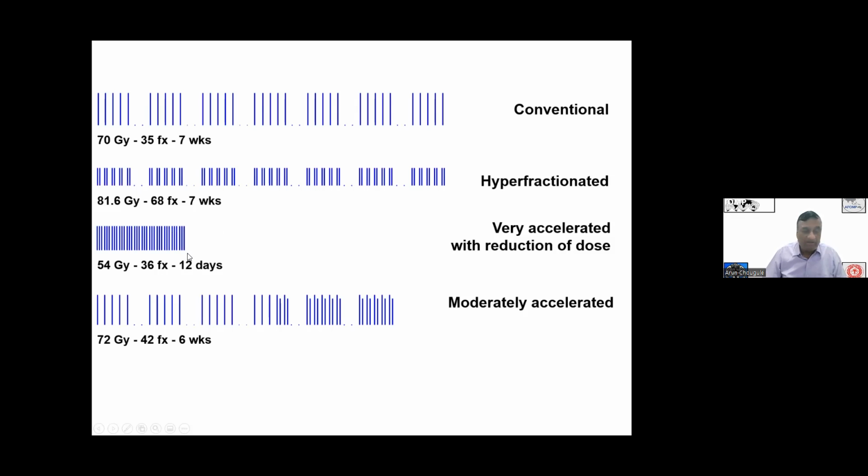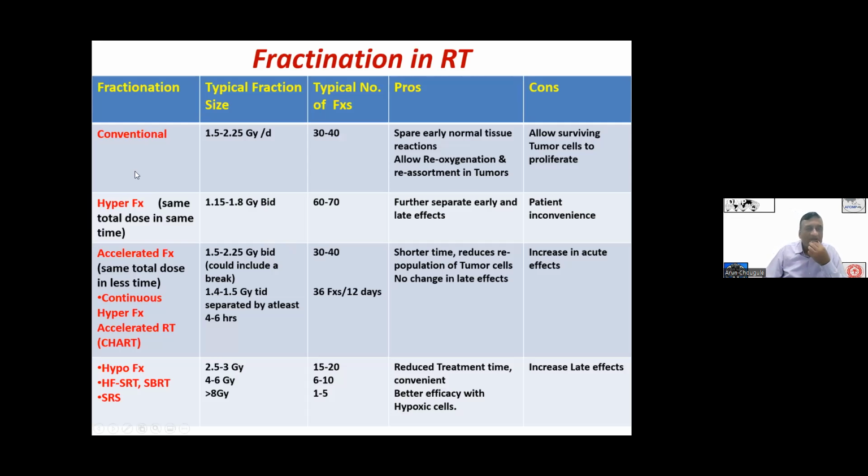In accelerated fractionation, the total treatment time is drastically reduced, but very severe early reactions will be there; in moderately accelerated, the treatment time remains almost the same, but the fractionation schedule is adjusted in a different way. Now, in conventional fractionation the fraction size is 1.5 to 2.2 gray. This spares early normal tissue reaction and allows reoxygenation and reassortment; this is the advantage.